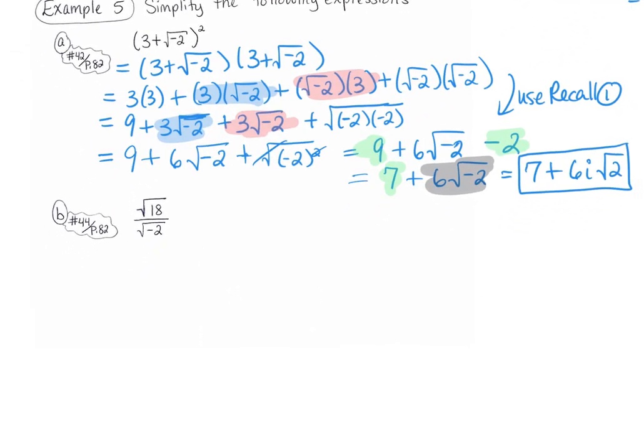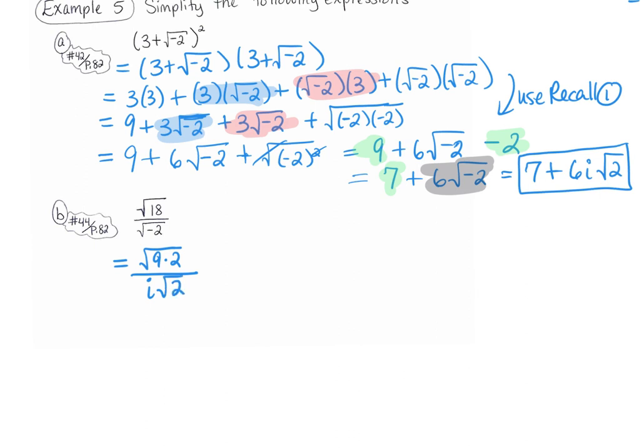Okay, so we can write this as the square root of 18 can be rewritten as, or factored as, a perfect square times a number. 9 times 2, very good. And then the square root of -2 we just said is the same thing as what? Very good. i square root of 2.